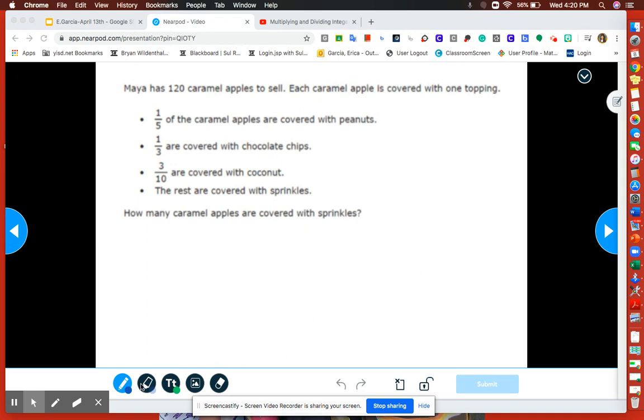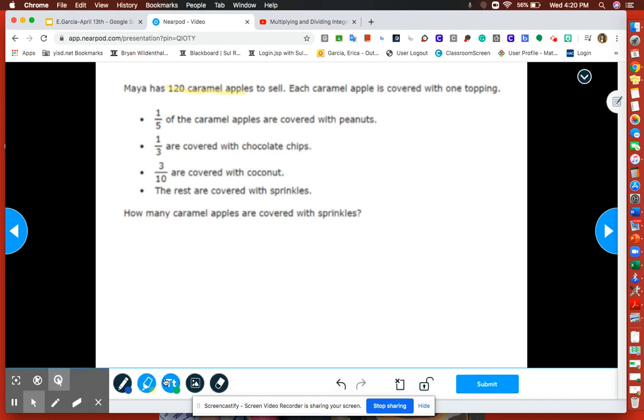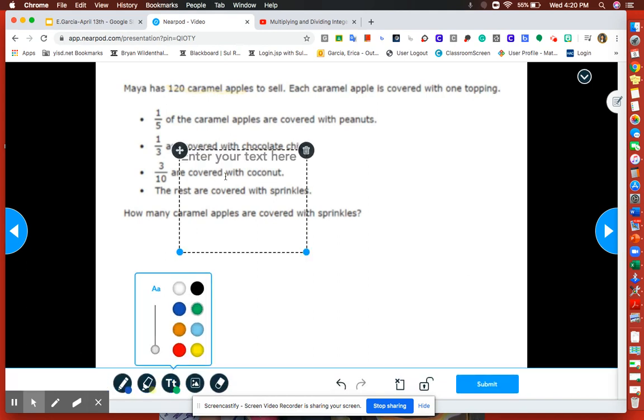So first and foremost, I want to highlight the important information. This is a total. And you're not going to have to identify this in the problem.